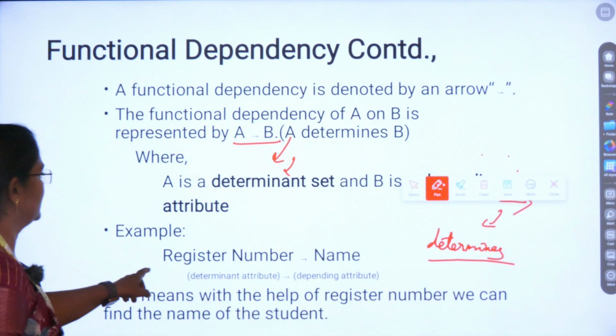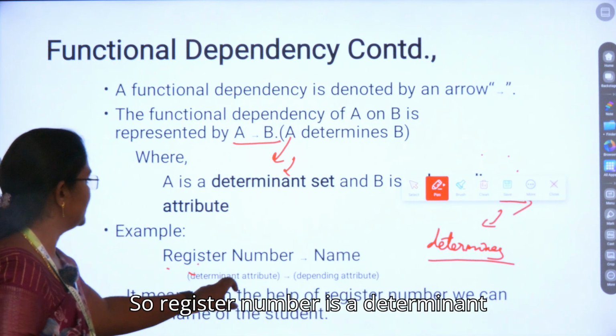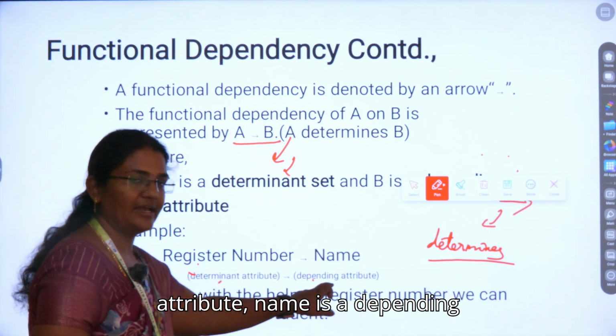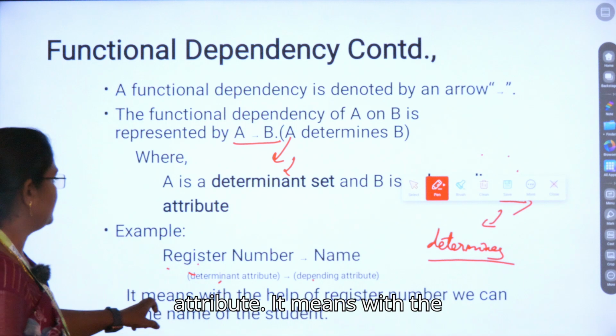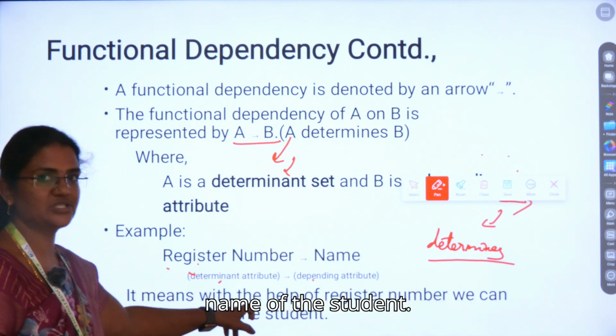For example, register number determines name. So register number is the determinant attribute, and name is the depending attribute. It means with the help of register number, we can find the name of the student.